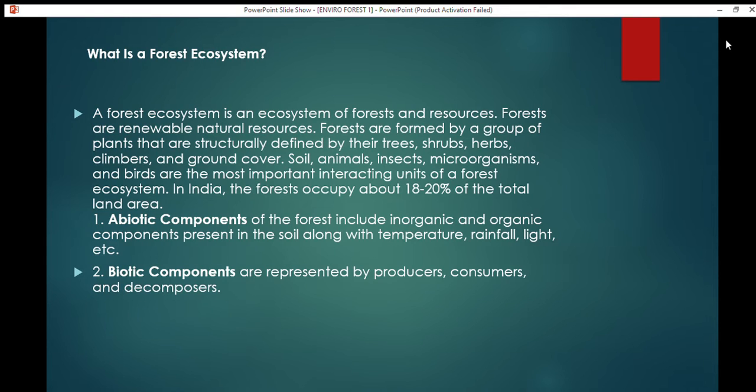So the ecosystem is basically based on the forest and the animals that are surrounded by that forest. There can be different kinds of animals that live there. So that's an ecosystem based on the forest area. One of the biggest forests you can find in the world is the Amazon forest.